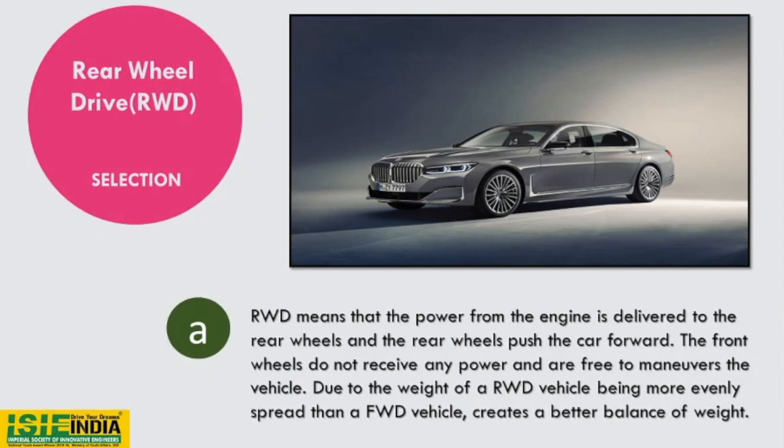Now, let us have a look at rear wheel drive with the example of the 2019 BMW 7 Series. You can see the model in this picture. It is considered a luxury car with a very good rating because of its lavish cabin, outstanding ride comfort, handling, and robust engine lineup.